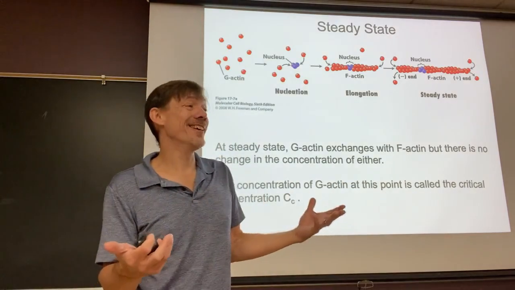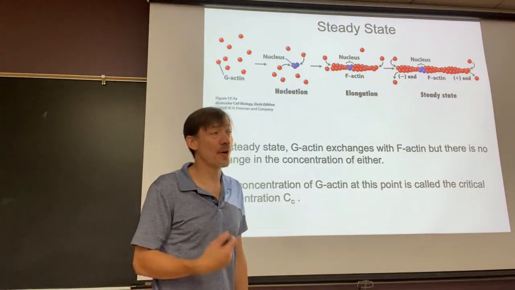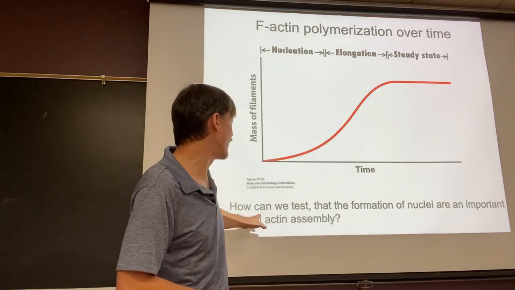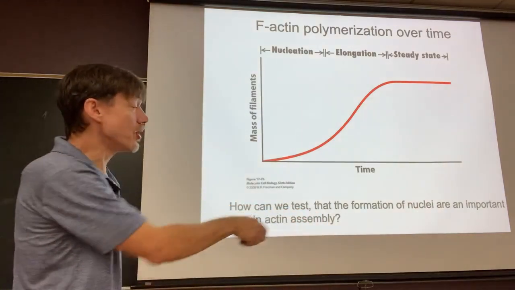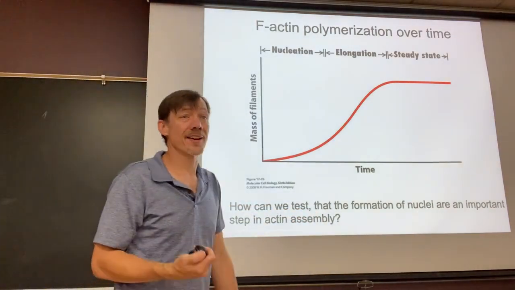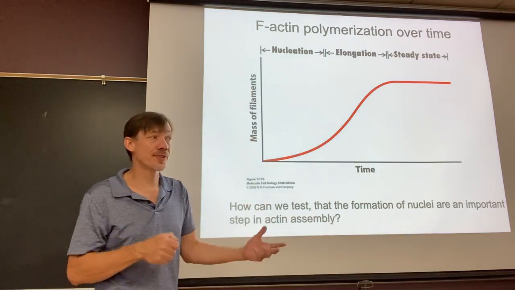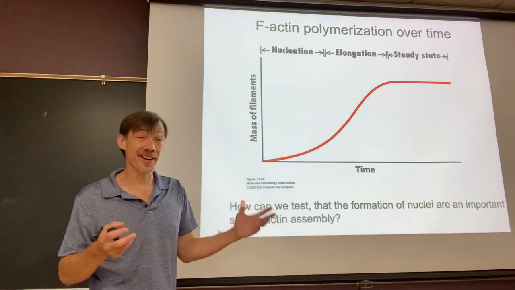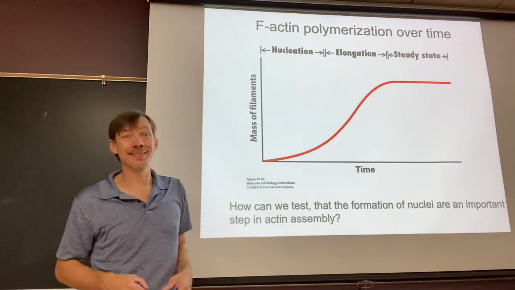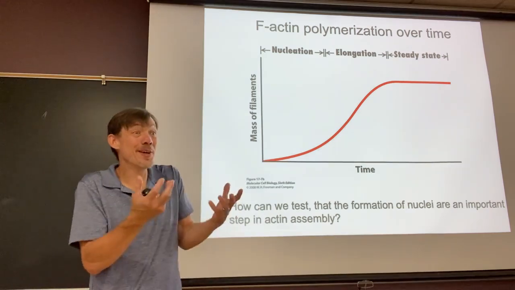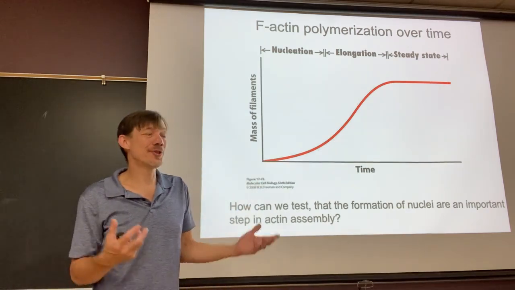So how do you test anything? The hypothesis is that formation of nuclei is important for actin assembly. So we want to say the nuclei are doing something. If you want to test anything, like if you're saying bees do something, how would you test if bees do something?